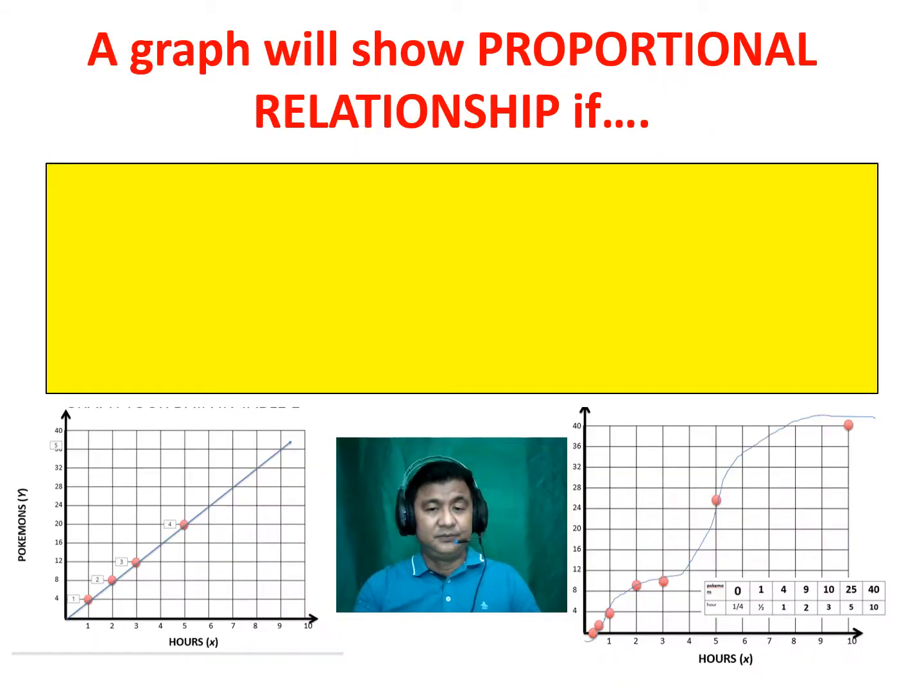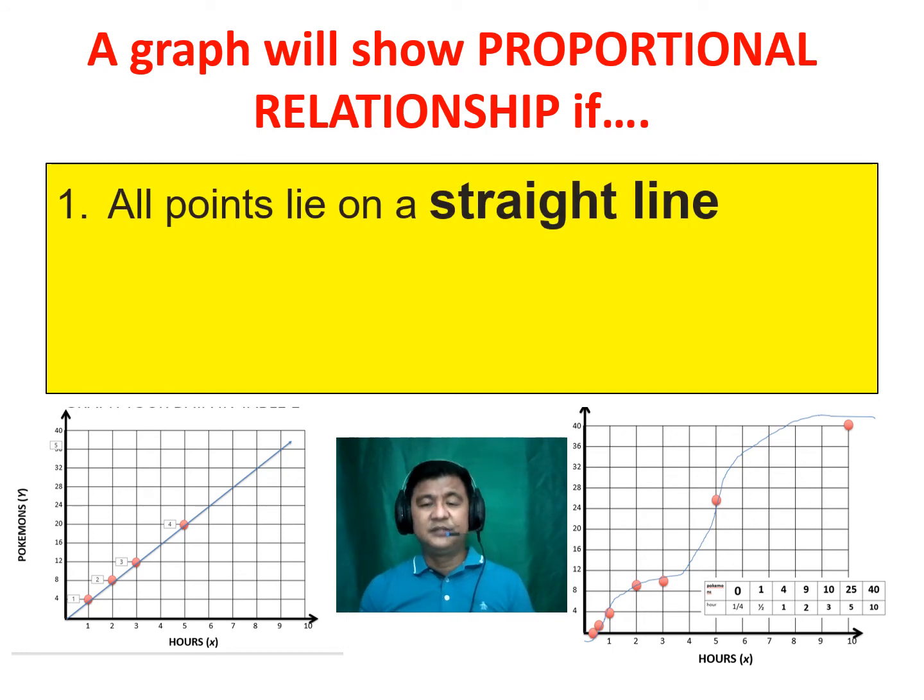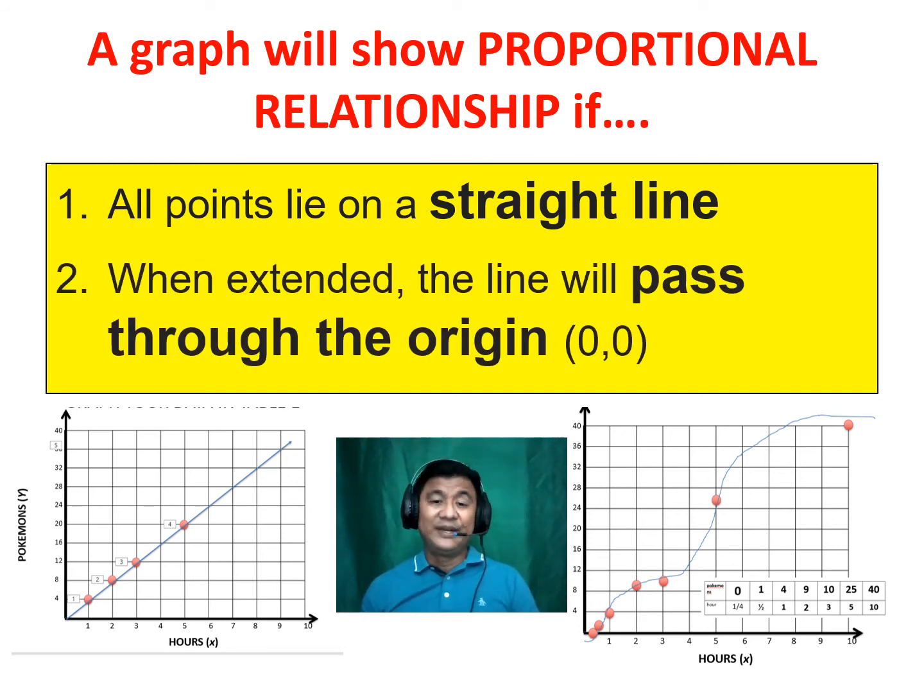So let's look at those graphs. We already know that to make a relationship proportional just by looking at a graph, condition one, all the points lie on a straight line. Number two, remember that, when extended, the line should pass through the origin or 0, 0.